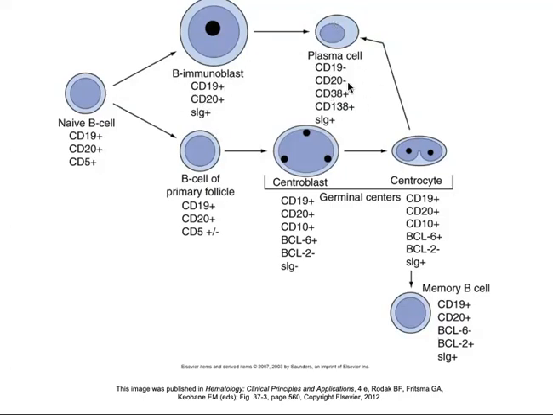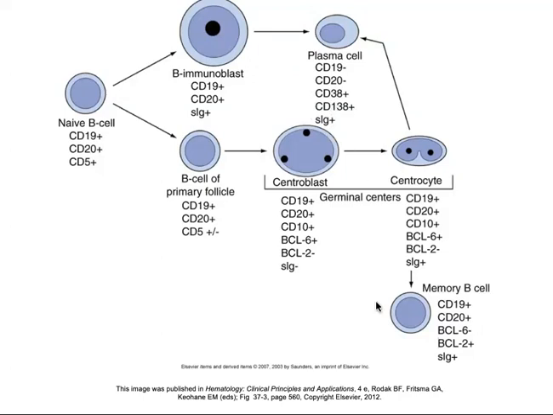Plasma cells don't have that because they are very differentiated, but they are known to have CD38 positive, CD138 positive and surface immune globulin. Plasma cells, although they're developing and maturing in the lymph nodes, have the ability to go back to the bone marrow, and that's usually where you would find them. But they express CD38, 138.